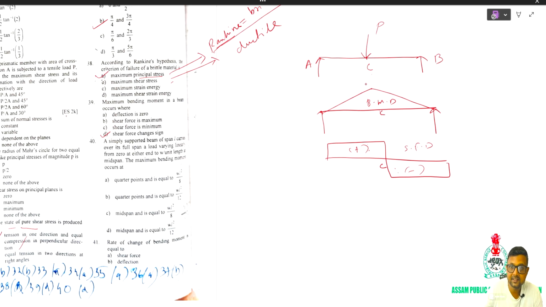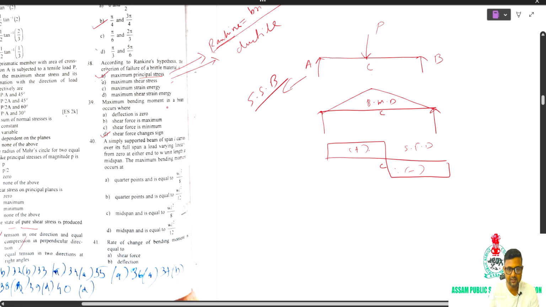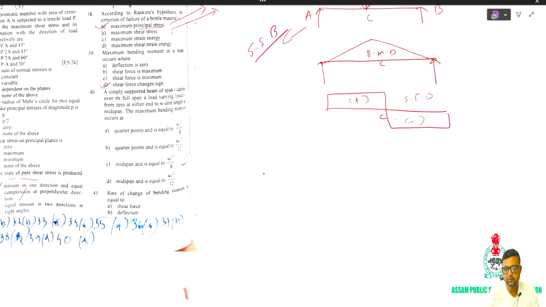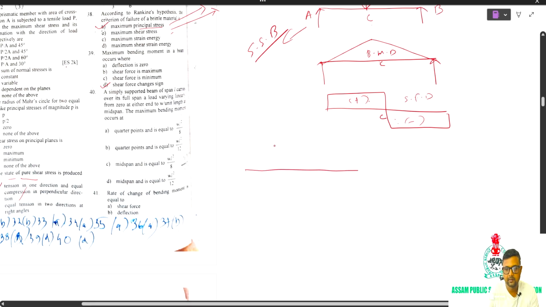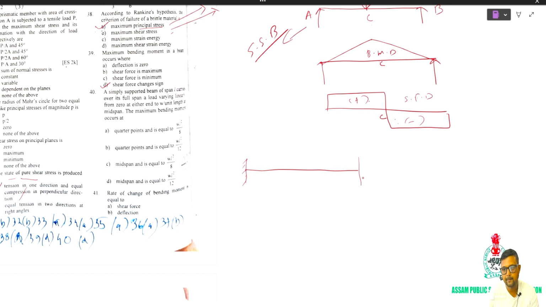But this is applicable only in case of what? Simply supported beam. This answer is not applicable for a fixed beam, because if you look at the fixed beam, let me show you a fixed beam here. What there?